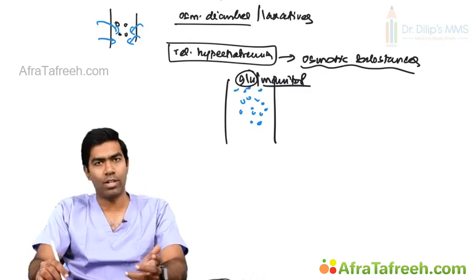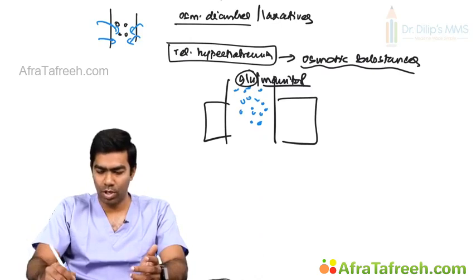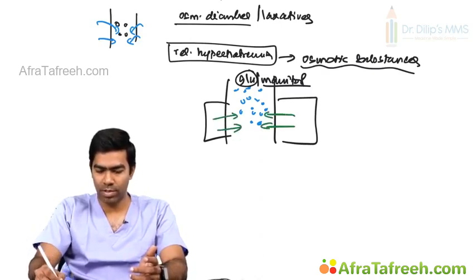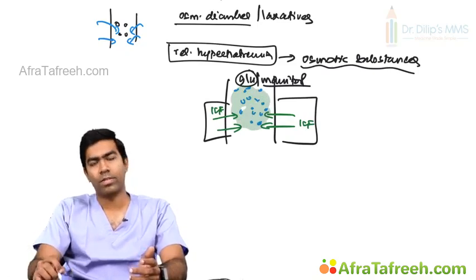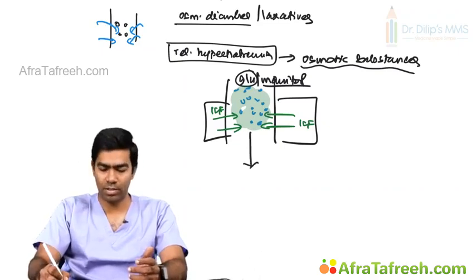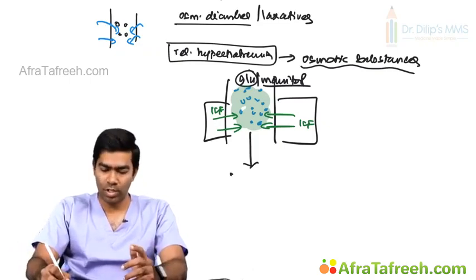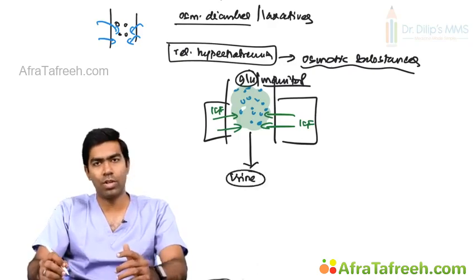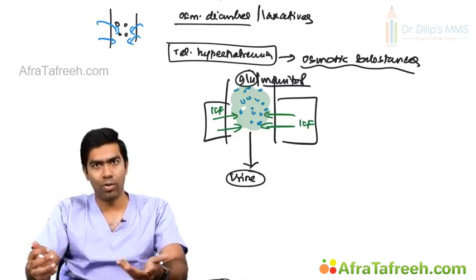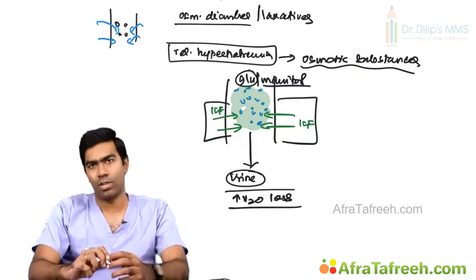So what they are going to do is pull a lot of water from the ICF compartment into the intravascular compartment, and that will be eliminated because mannitol and glucose both get eliminated in the urine. They don't go alone, they are also going to cause excessive water loss.